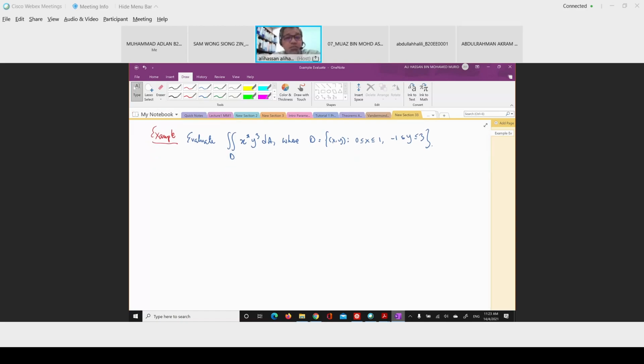So the region D is a rectangular region, right? Let's make a sketch of the region D on the xy plane. x is between 0 and 1, and y is between, say, minus 1 and 3. So I'm just making a sketch here.